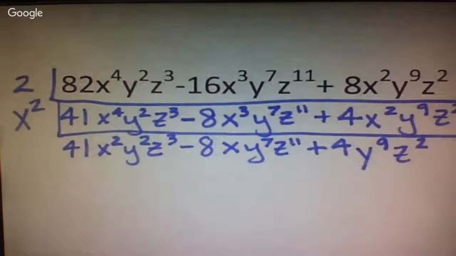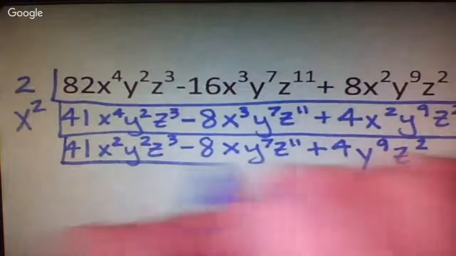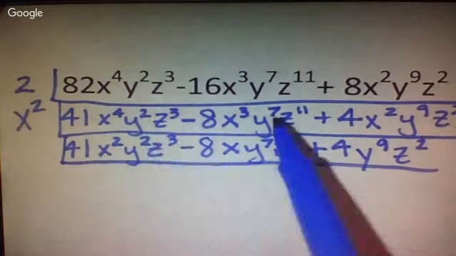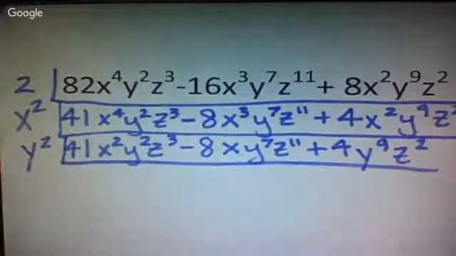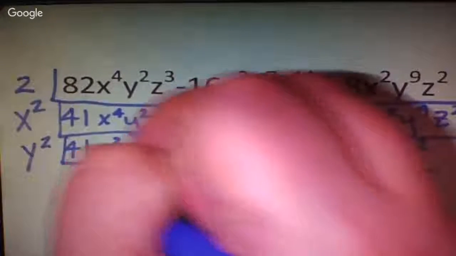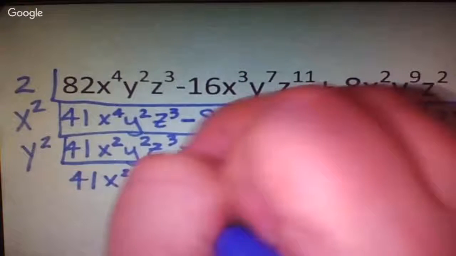Okay. Now look at my y's. How many y's do they all share in common? 2. You've got 2, 7, and 9. So you always want to go with the smallest number. So y squared. So 41x squared. My y's have disappeared. Z to the third.